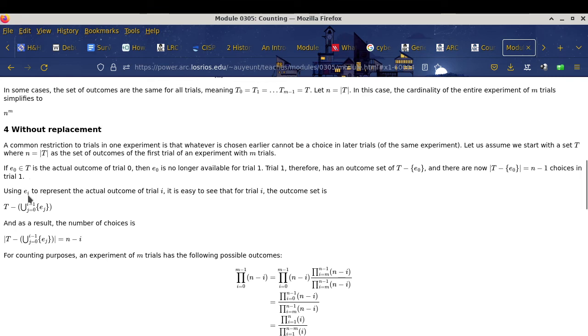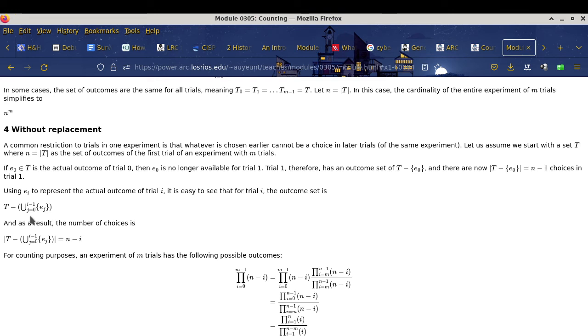So using E of I to represent the actual outcome of trial I, it is easy to see that for trial I, the outcome set is going to be T minus the big U notation here, which is basically a loop where the index J starts with a value of 0 and ends with a value of I minus 1.